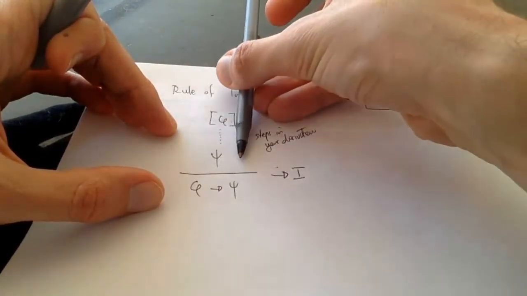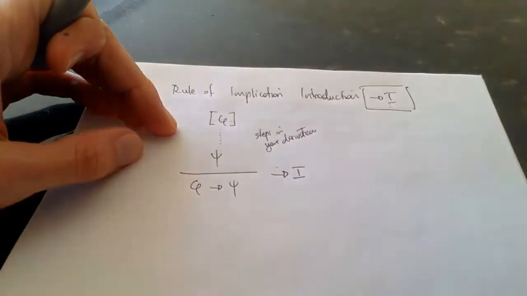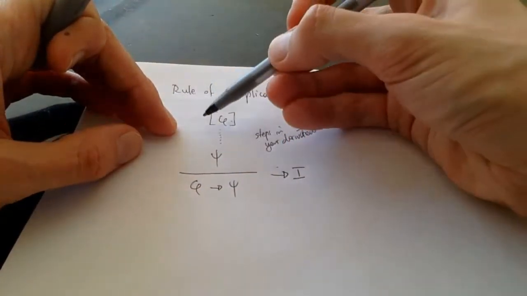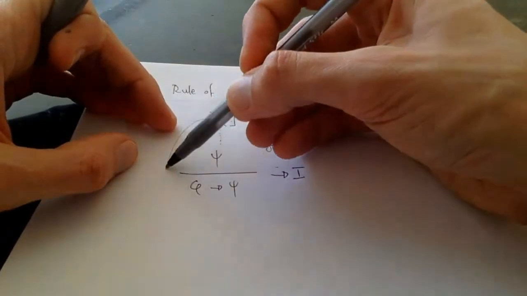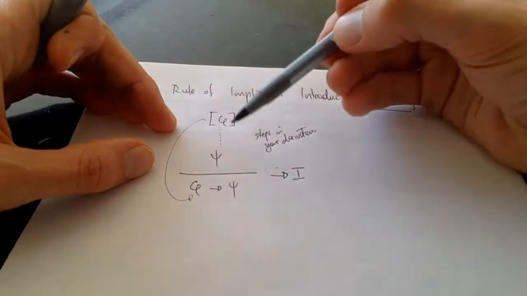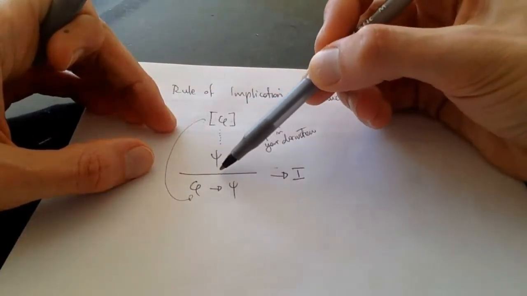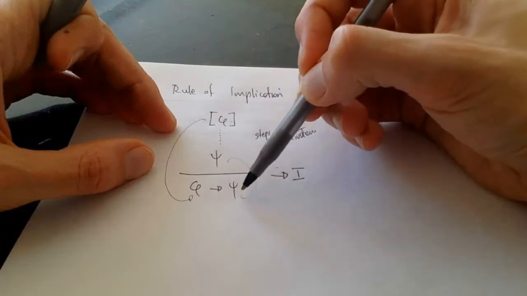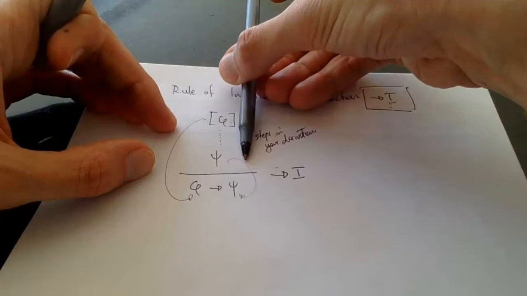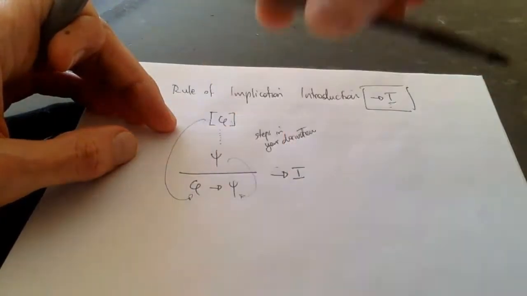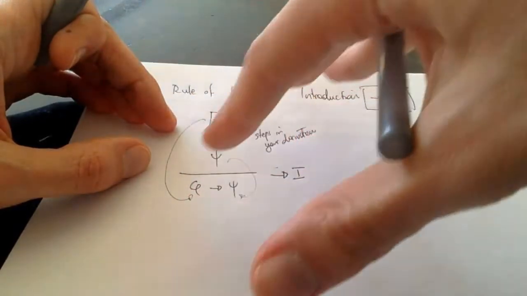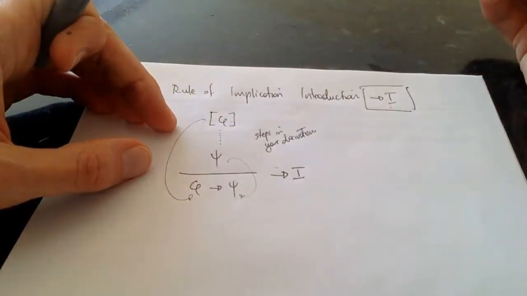And then this vertical relationship is turned into a horizontal relationship, where the assumption phi becomes the antecedent of your implication, and what you have immediately above this line becomes the consequent of your implication. So you're turning this vertical arrangement into a horizontal arrangement. That's the first thing to note, just as a general spatial structure of the rule.